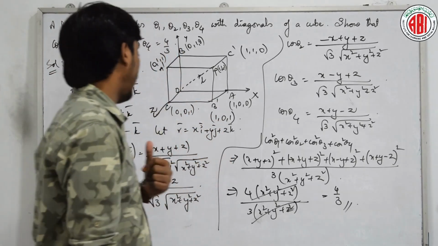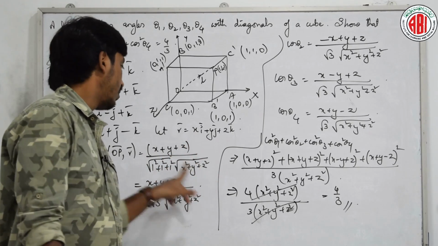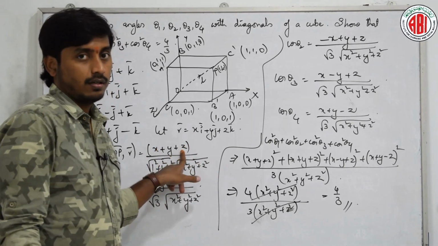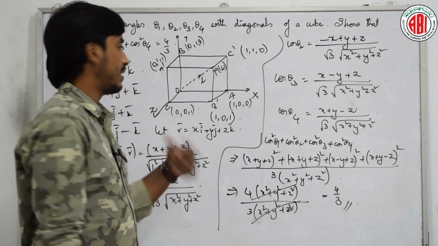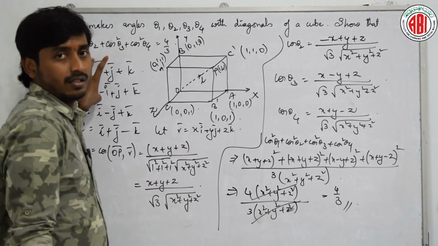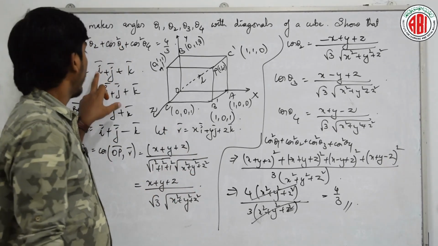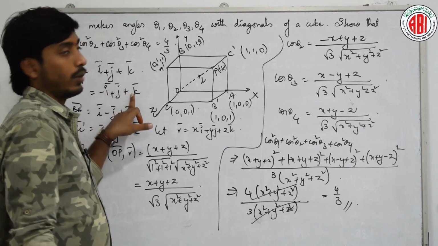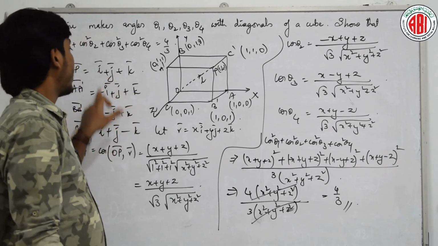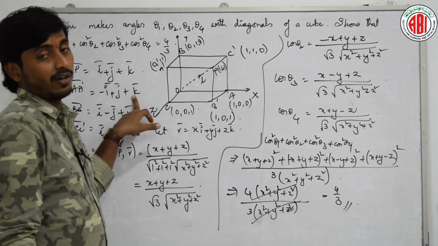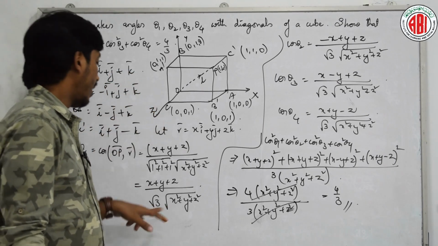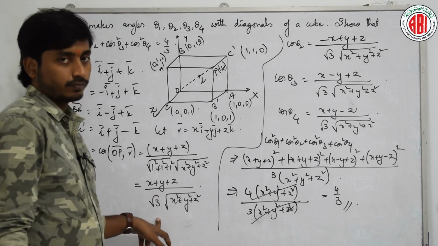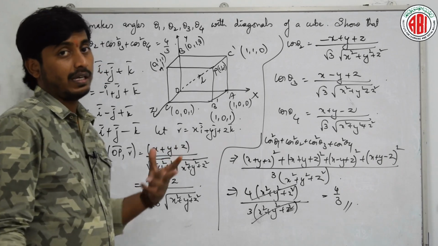How do we get it? Let us take these two vectors. These are two diagonals, right? 1 into 1, 1 into 1, 1 into 1. Here minus 1 plus 1, 1. Therefore, the 1s will get cancelled and I will be left with 1. However, the denominator is root 3 into root 3, that will be 3.